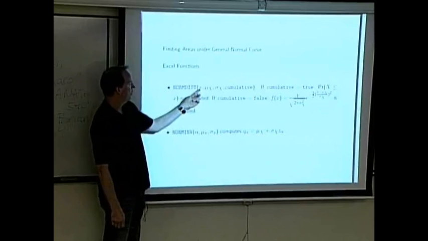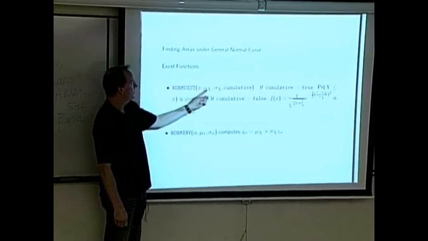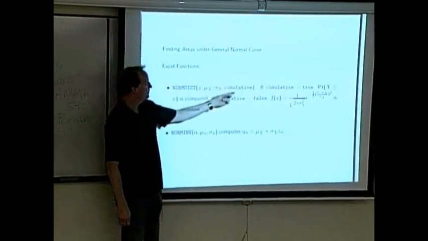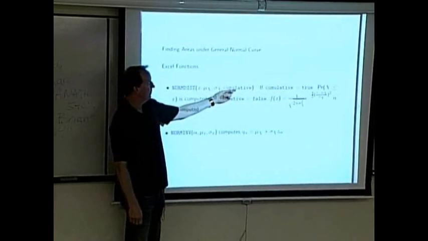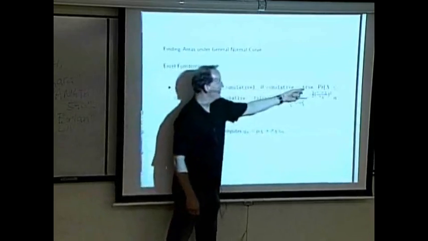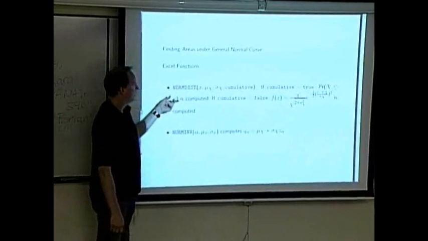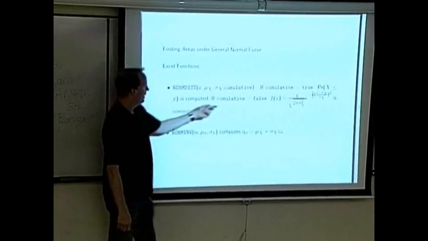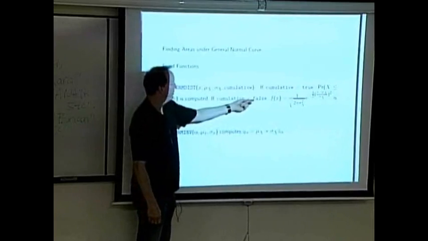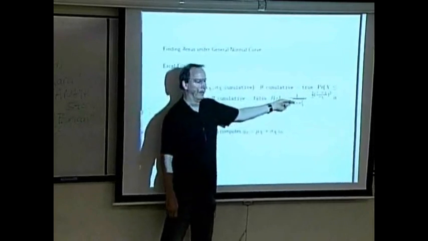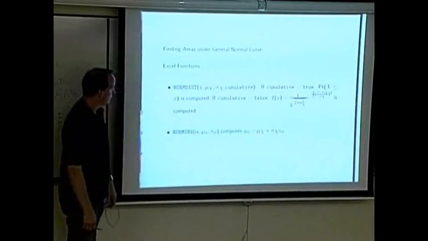So we're calculating the normal distribution at a particular point. We give it the mean and the standard deviation. And then cumulative is a logical variable. If cumulative is equal to true, then this function computes the CDF. If the cumulative variable is equal to false, then this function computes the height of the normal curve.